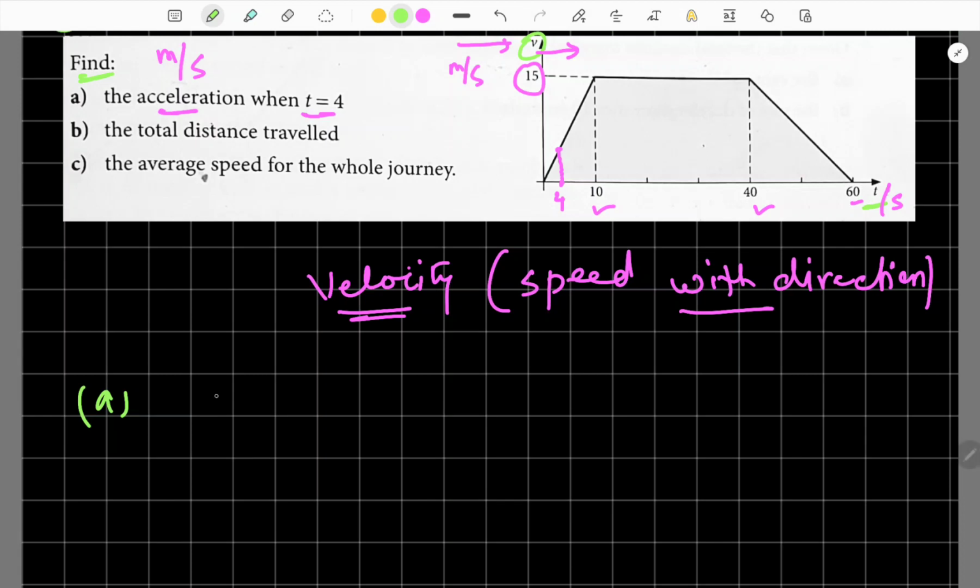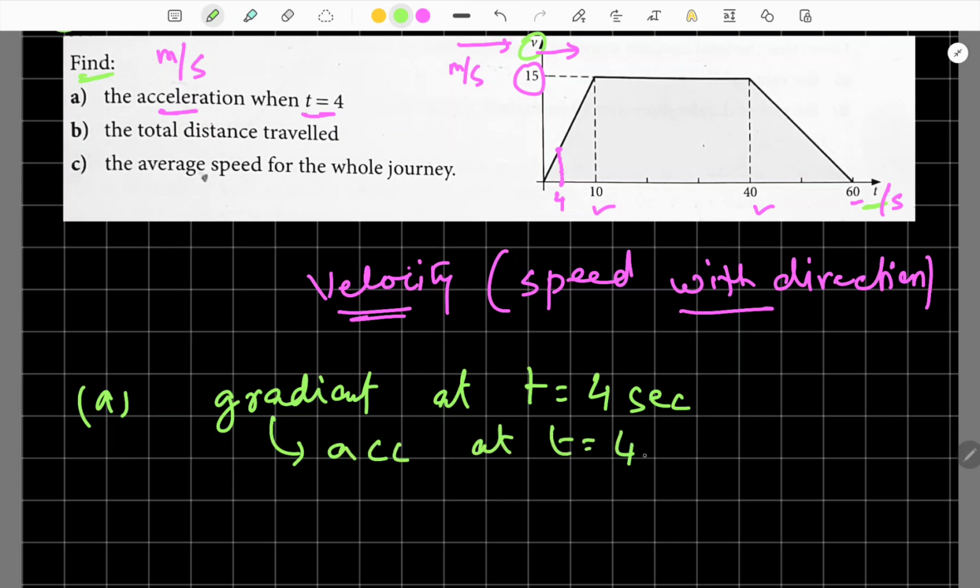So in other words, we have to find the gradient at t equal to 4 seconds. Any doubt? Now tell me, how do you find the gradient at t equal to 4 seconds?